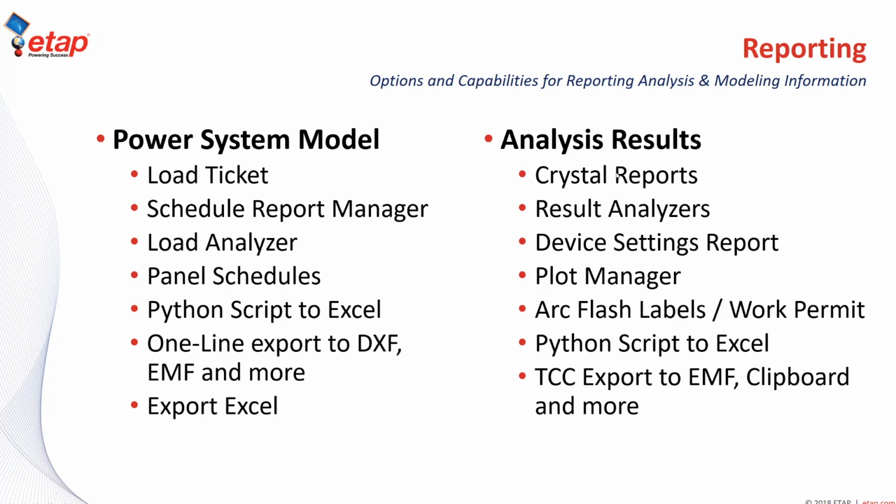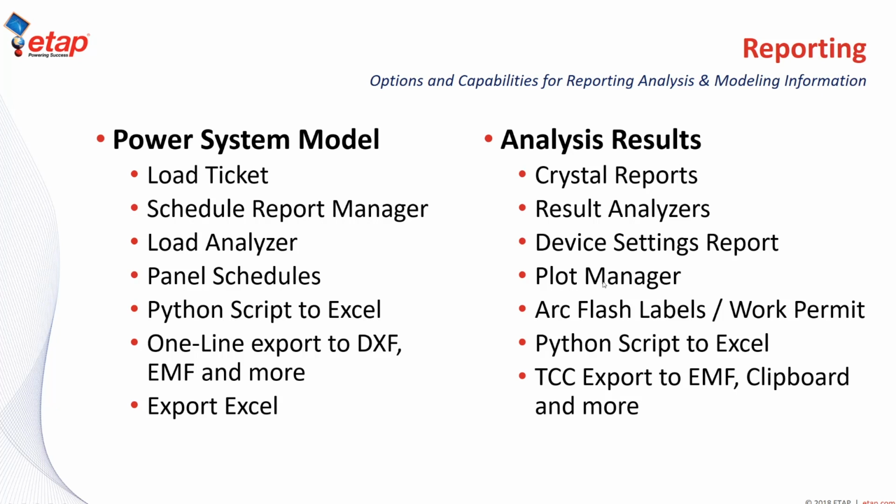When it comes to analysis reports, we traditionally use Crystal reports to give us a full color tabulation of our input data as well as the analysis results and summaries. We can also use the result analyzer to analyze multiple scenarios or cases and generate an analysis report. We can generate a device settings report that can include the as found as well as the recommended revision data.